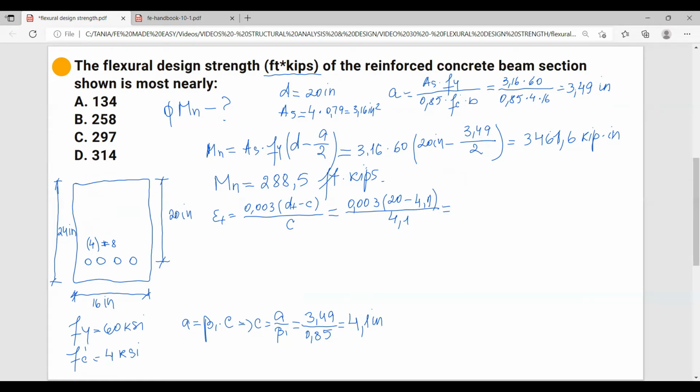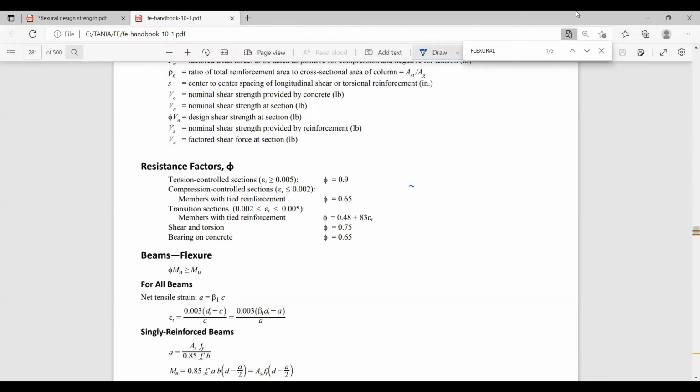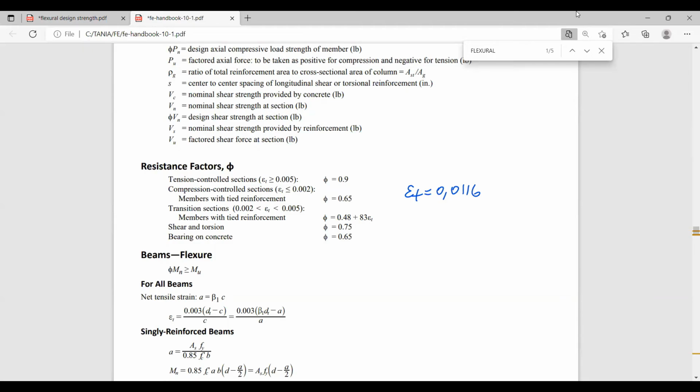So we get 0.0116. Okay, so epsilon t equals 0.0116, which is greater than 0.005, meaning that our phi equals 0.9.